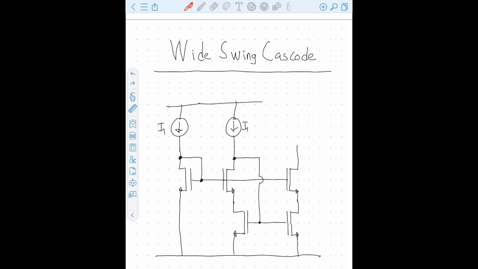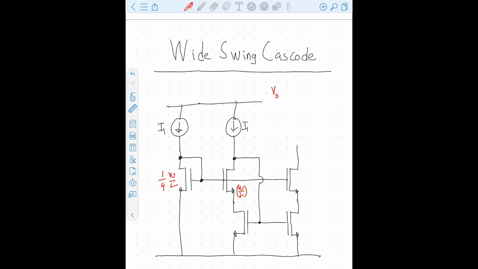And the way to do that is to put an NFET diode in the leftmost branch. And the way that this works is that typically it will be sized at 1/4 W over L, and the other 4 devices here are all considered to be double W over L.